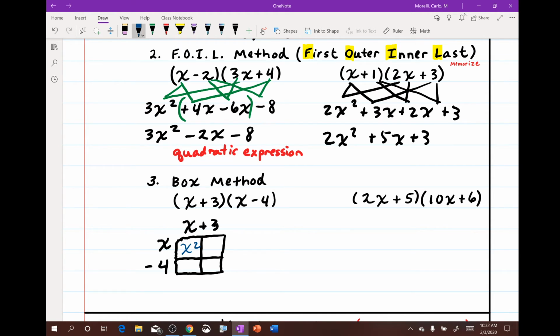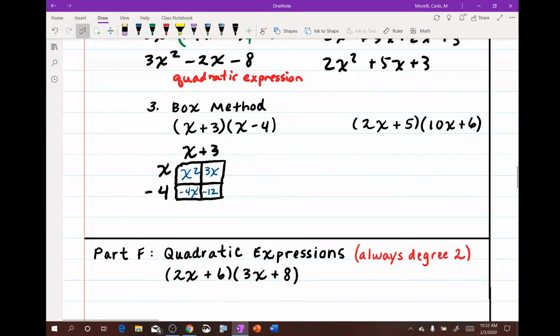What's x times negative 4? 3 times x. 3 times negative 4. Okay. This is, to me, easier because it reduces the chance that you're going to make a mistake because you're filling in the boxes.